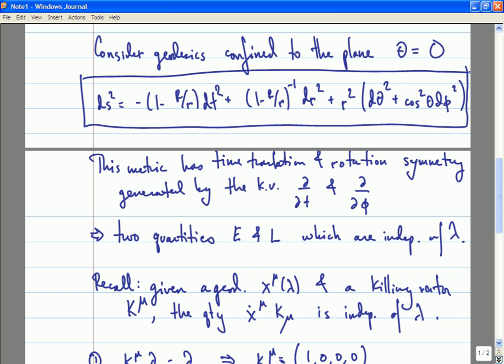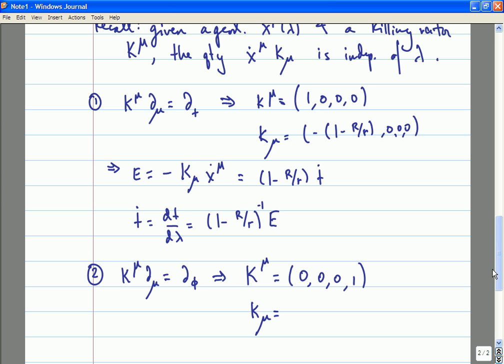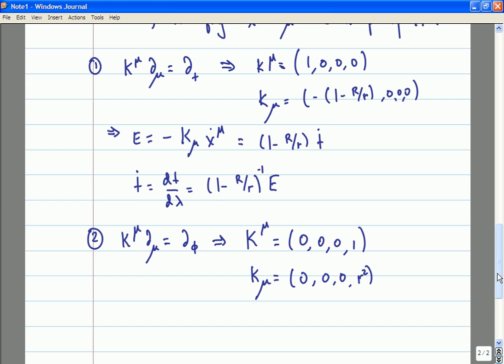That's r squared times cosine squared theta. Theta is equal to 0, so cosine theta is equal to 1. So g_phi phi is just r squared. So this is the one-form with components (0, 0, 0, r squared). So the conserved angular momentum will be r squared times phi dot.